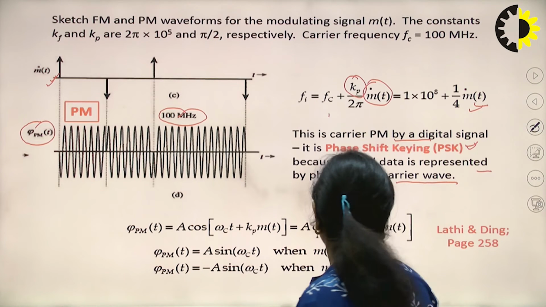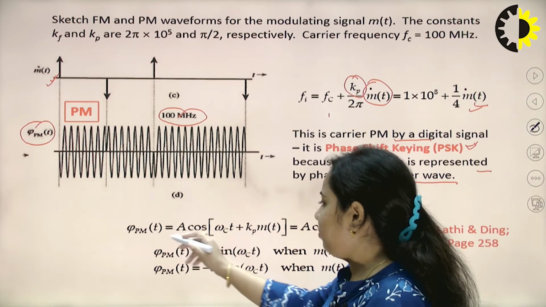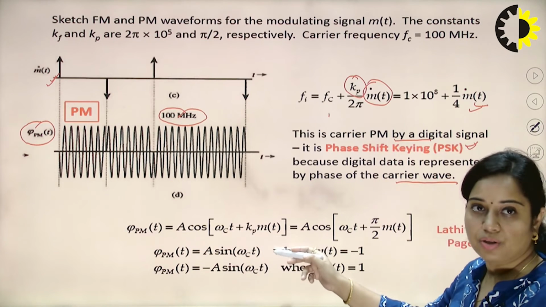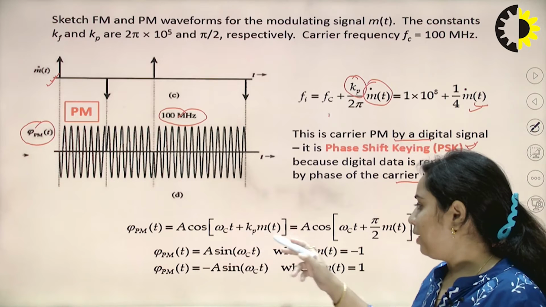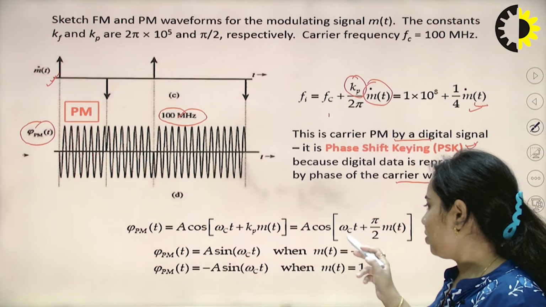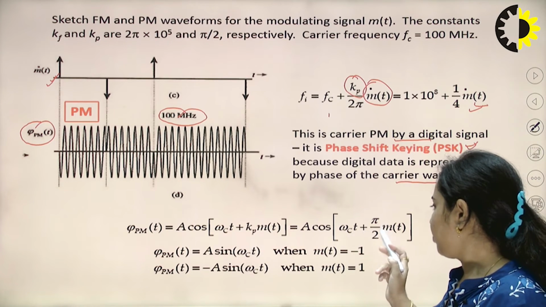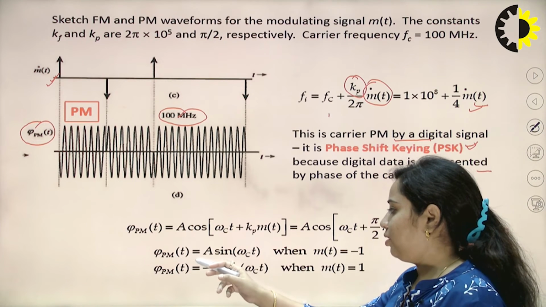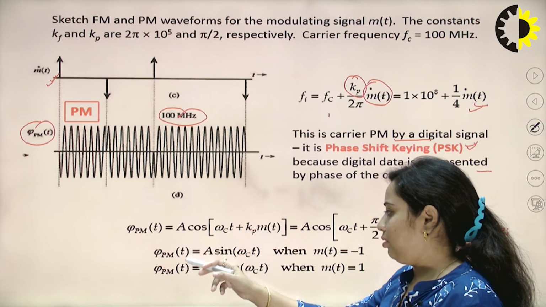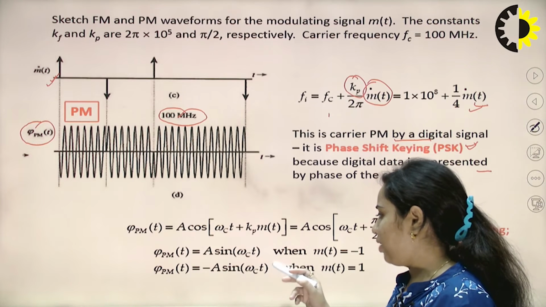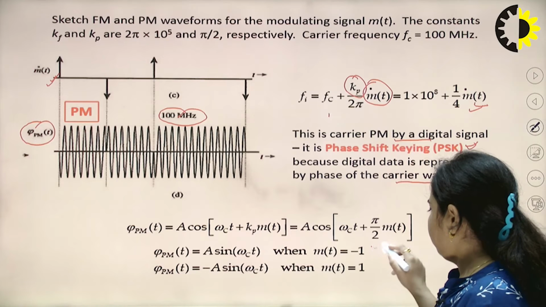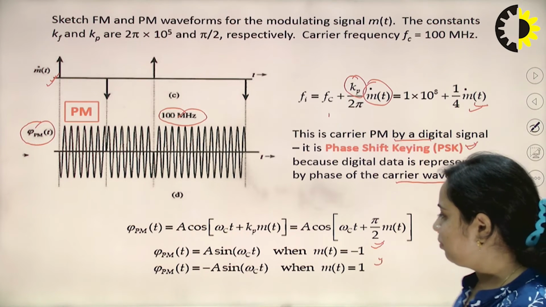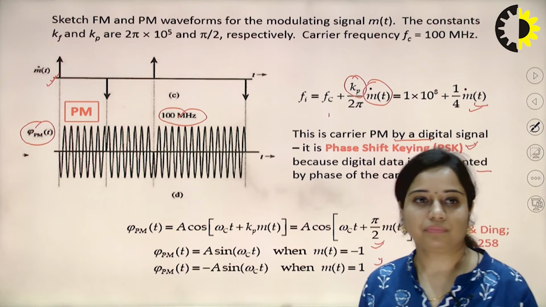So according to this particular equation, the PM wave can be written as A cos omega Ct plus Kp into Mt, which is equal to A cos omega Ct plus pi by 2 into Mt, where the phase is that of the PM signal. This is A sin omega Ct when Mt is equal to -1, and when Mt is equal to +1, then this will be minus A sin omega Ct.